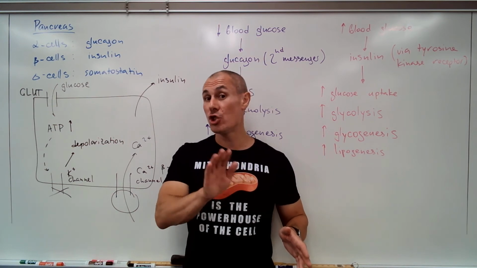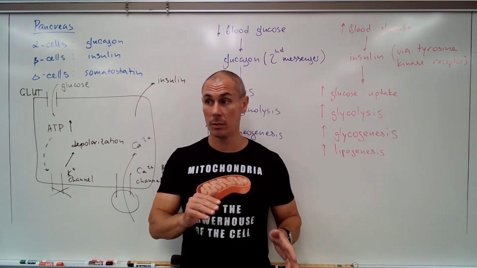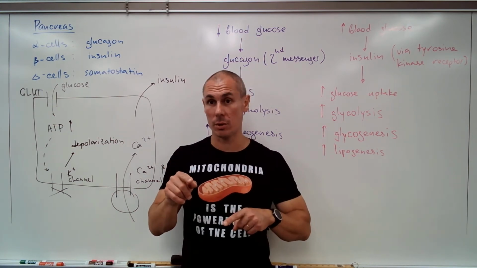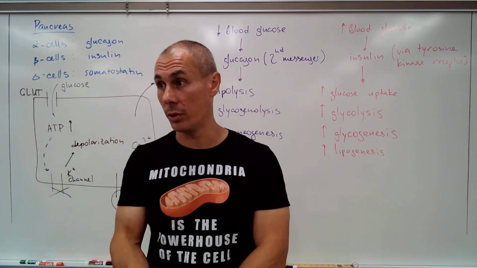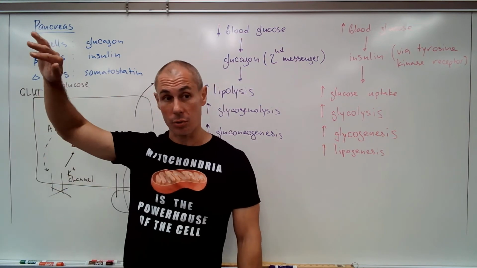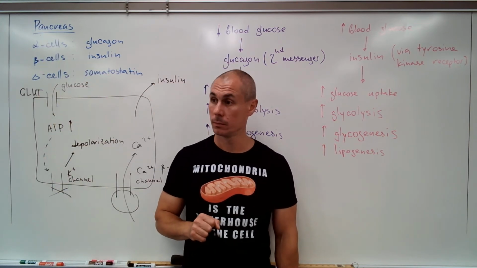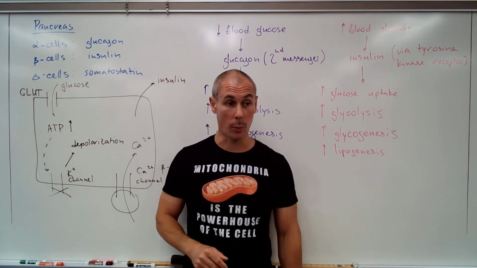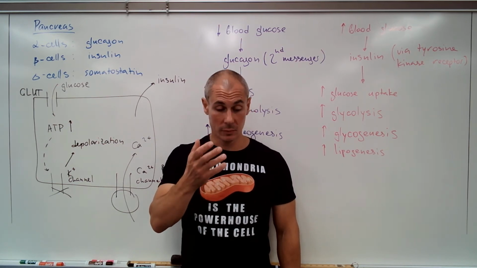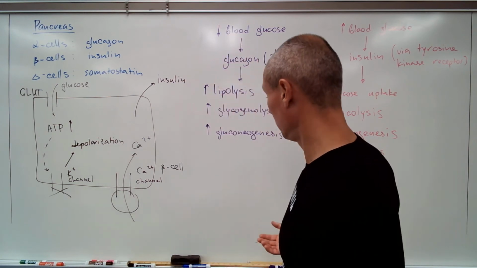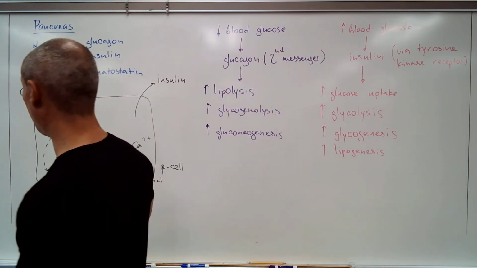If you give them just insulin, they won't grow. But if you combine those two and give them exogenous insulin and growth hormone, rats will grow like normal. So you need both of them to properly grow. Am I clear? Now, let's talk about the elephant in the room, diabetes.